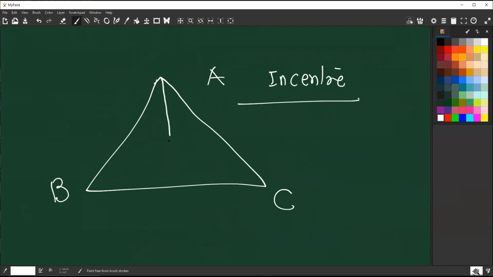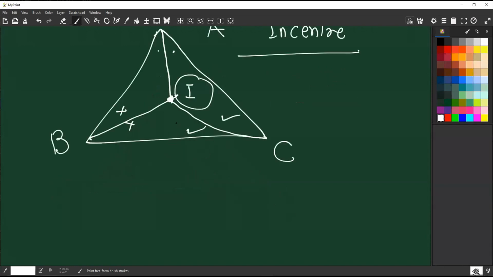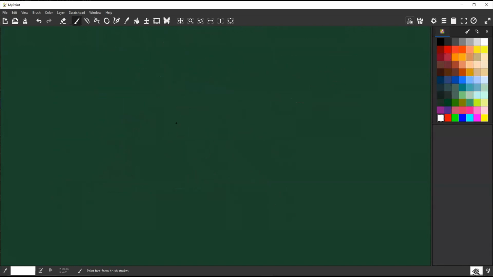So angle bisector means bisector of angle A, bisector of angle B, and bisector of angle C. Correct? ये दोनों equal है. Then this is your in-center of the triangle ABC. Okay? Are you clear? Okay. Now, we will be solving a few sums.